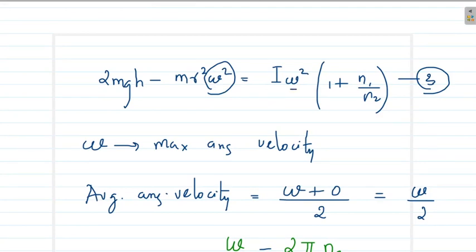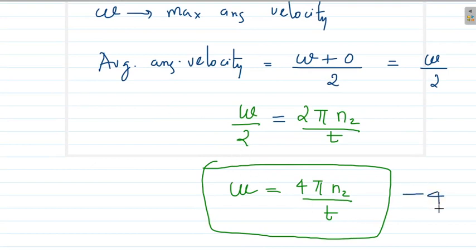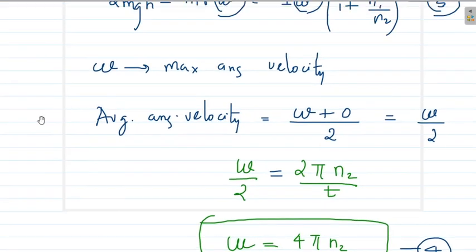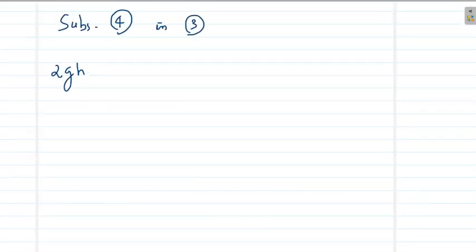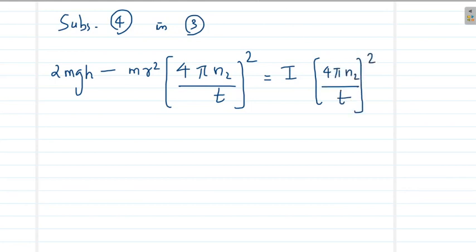So let us substitute for omega here and here using our final expression for omega, which is 4 pi N2 by T. Substituting 4 in 3, we will get 2 mgh minus m r square into omega square, which is m r square into 4 pi N2 by T, the whole square, which is equal to I into 4 pi N2 by T, the whole square, into 1 plus N1 by N2.